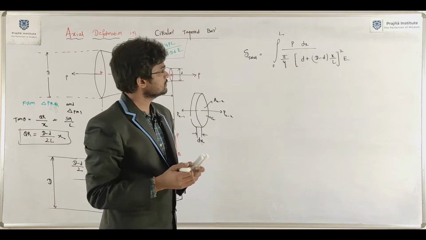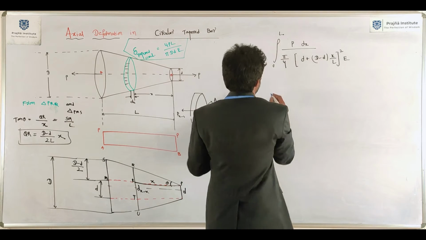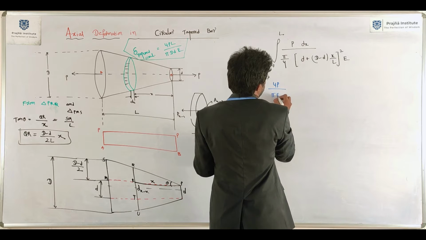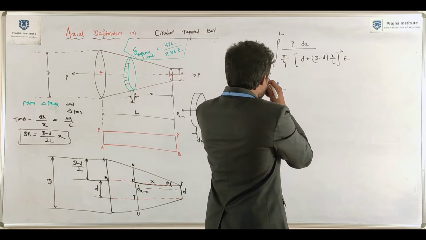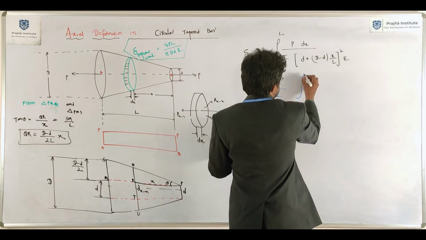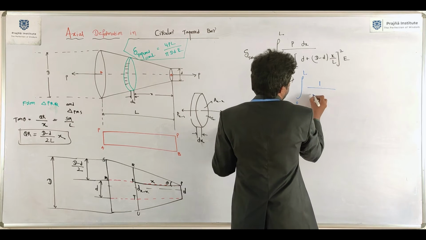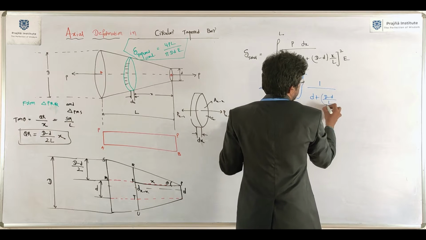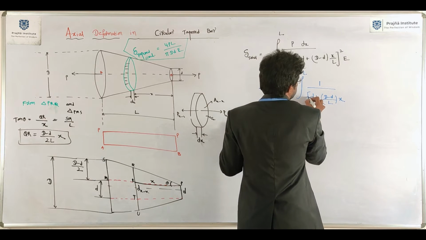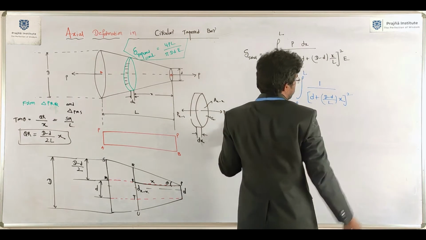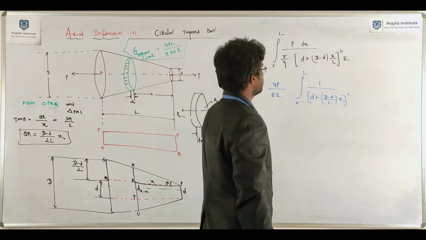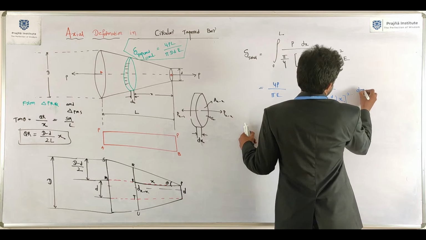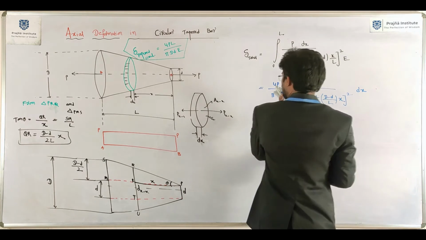So here 4P by pi E is taken out, integral from 0 to L of 1 by (d plus (D minus d) by L into x) whole square, into dx. So here what will you get, tell me?